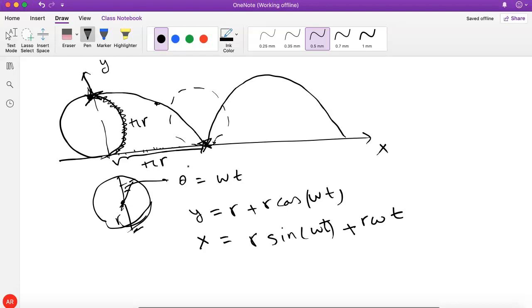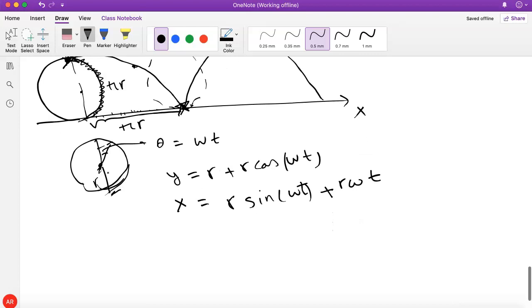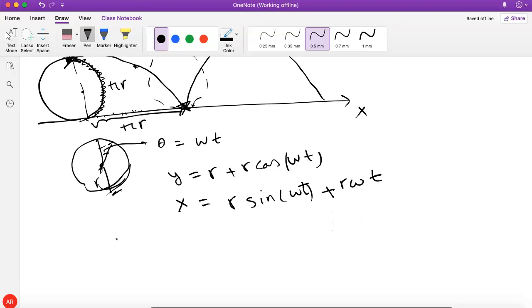And this makes sense, right? Because we know that the velocity of the center of mass is r omega. So the position of the center of mass, x cm, is just r omega times t. And the angle that you rotate is omega times t.